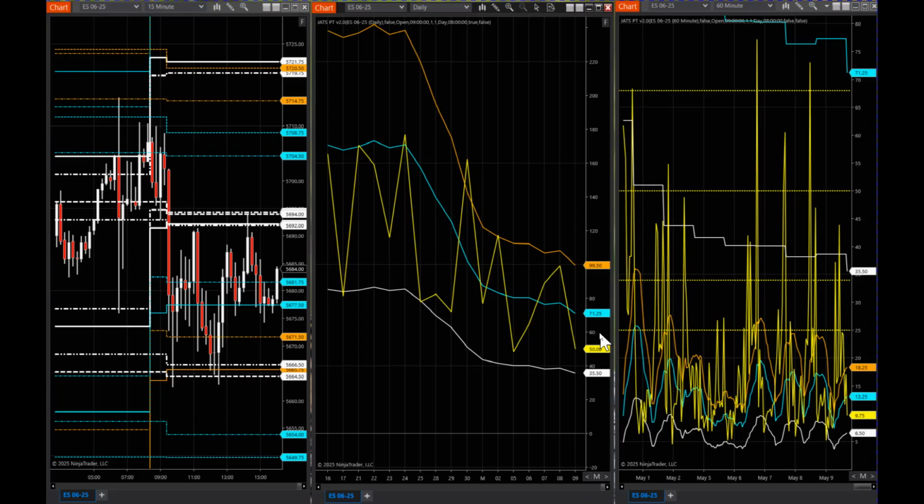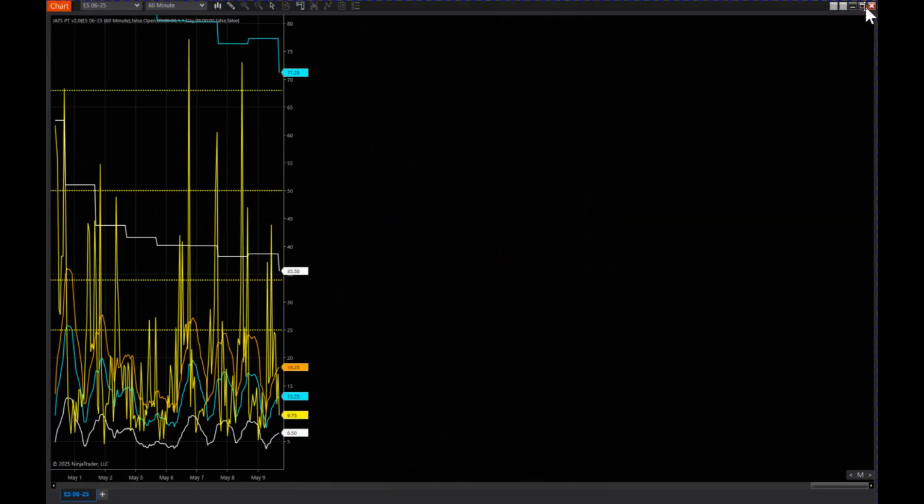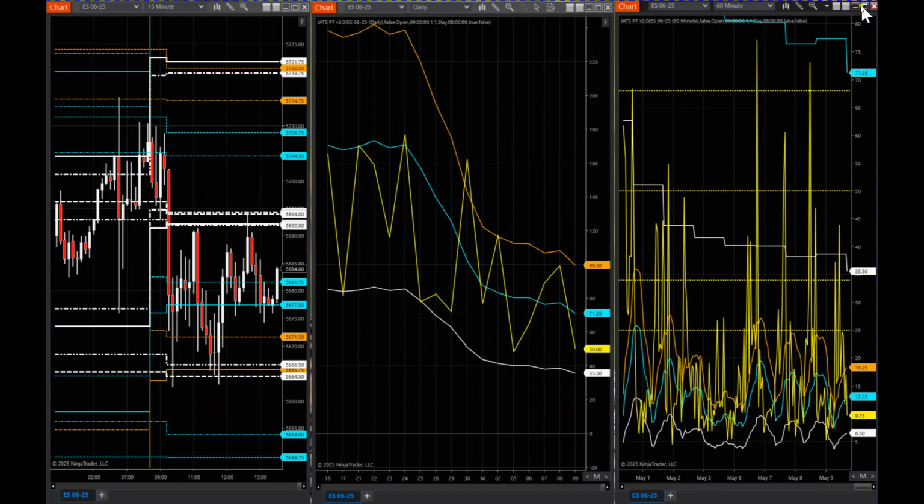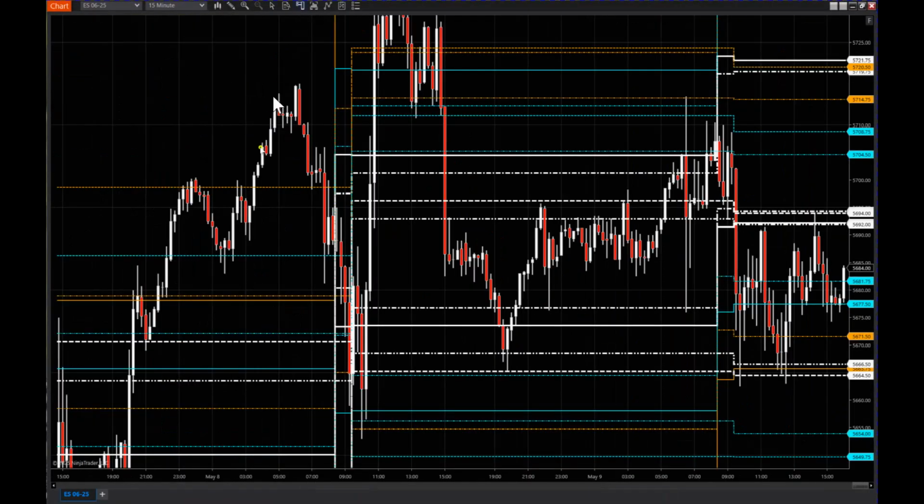And so you can code this in Bloodhound so that if you are inside the daily 1, you can put together an algo that will show that you're below the daily 1 on the 60-minute R vol, and that will help you with an algo stay on those edges, returning back to the mean, versus if you're above that daily 1 moving out, you're going to be trading those range expansion opportunities and trying to reach to those outer targets. Does that make sense?